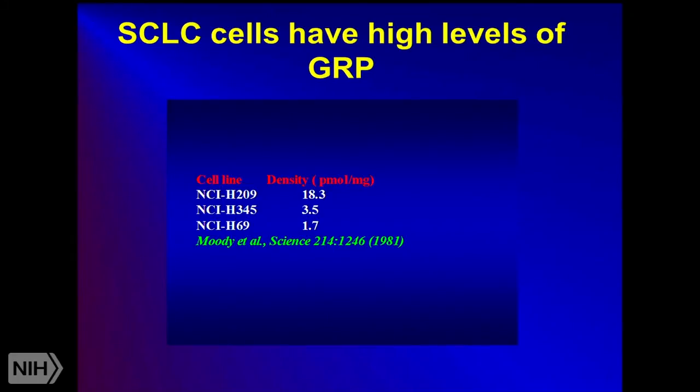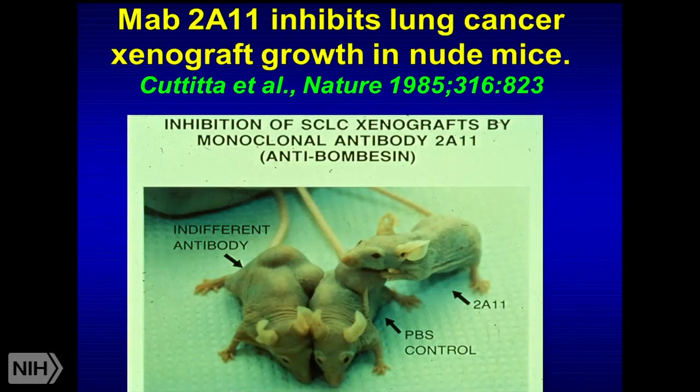So finally we get to the GRP receptor, and I published in 1980 that the small cell lung cancer cells had very high levels of bombesin-like peptides. And we then elicited an antibody against the GRP.